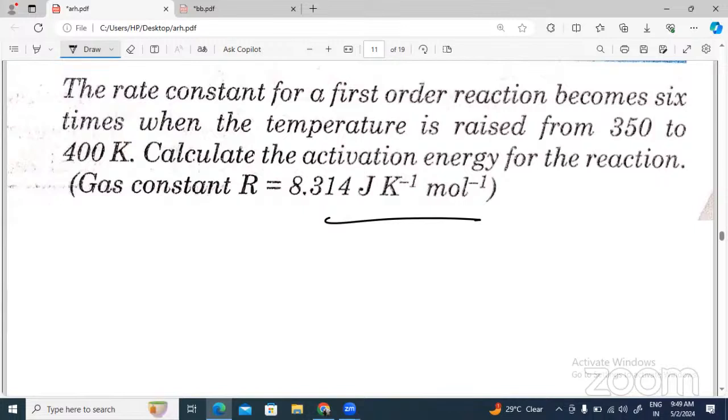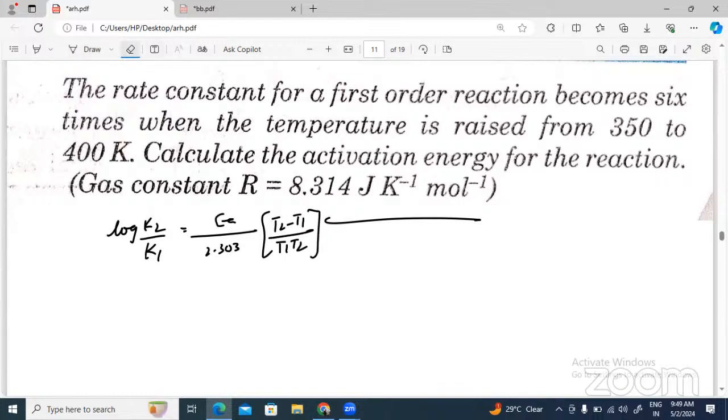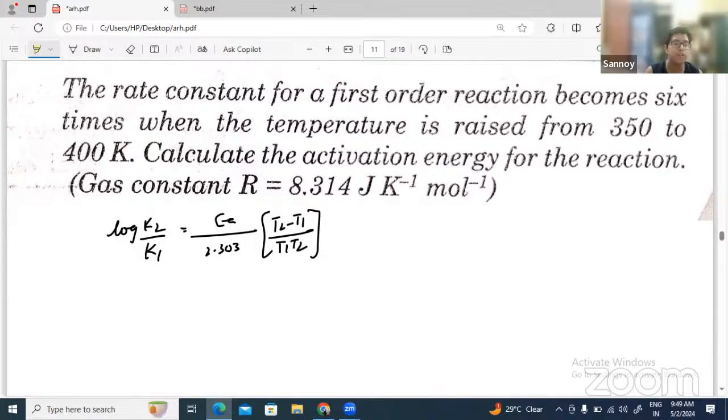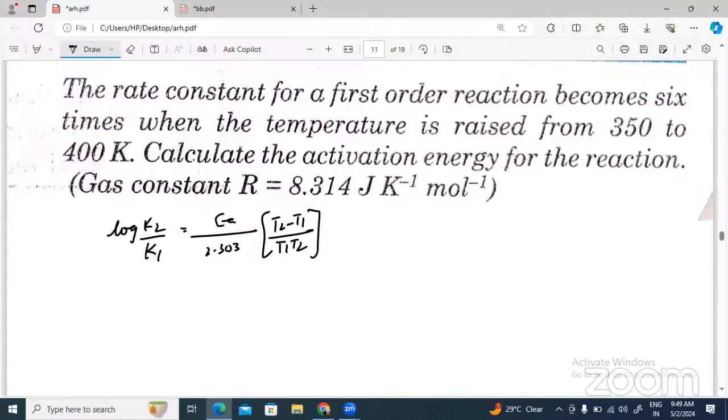Log K2 by K1 equals Ea upon 2.303 R, into T2 minus T1 upon T1 T2. Sir, above 2.303, what have you written? This is the activation energy.